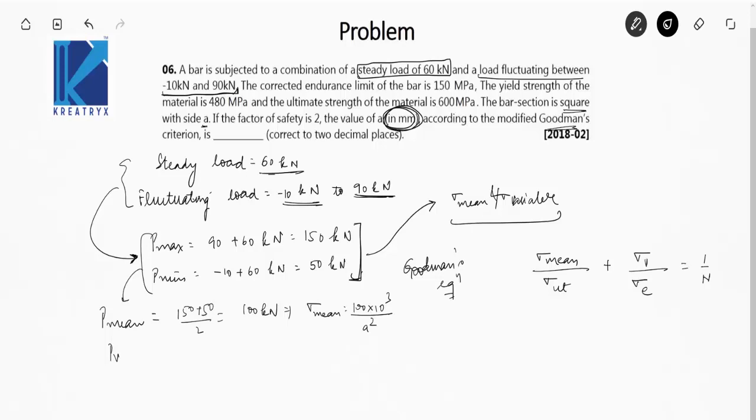So this is actually Newton per meter square. Whatever value of A we get will be in meters, but here we have to fill the answer in mm, so be careful.